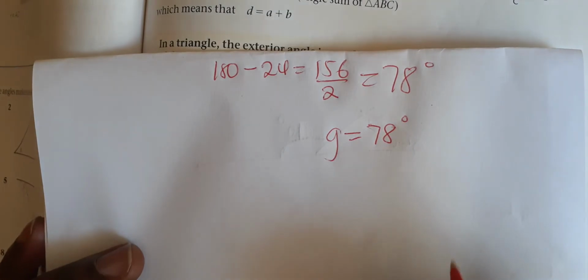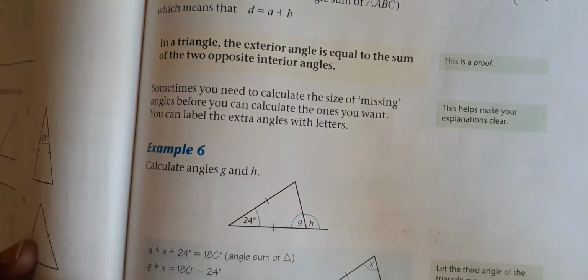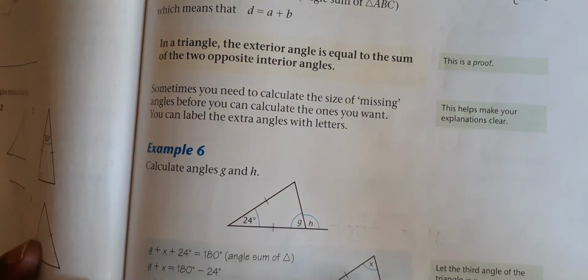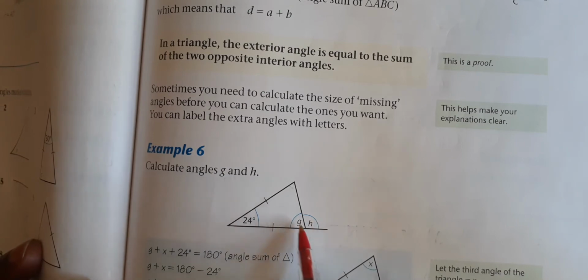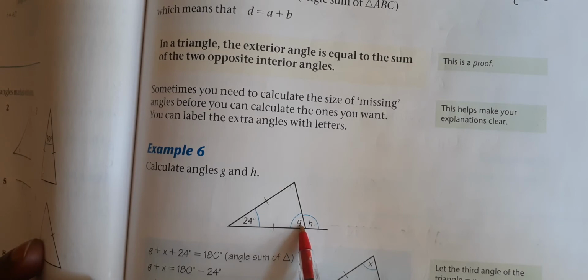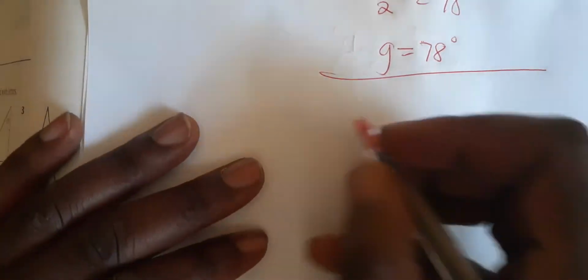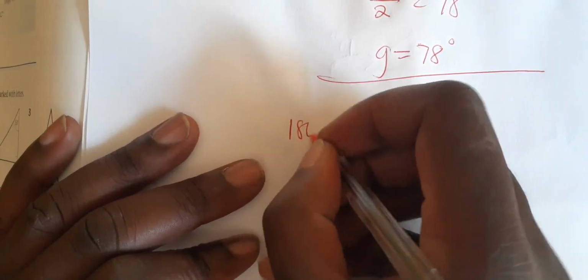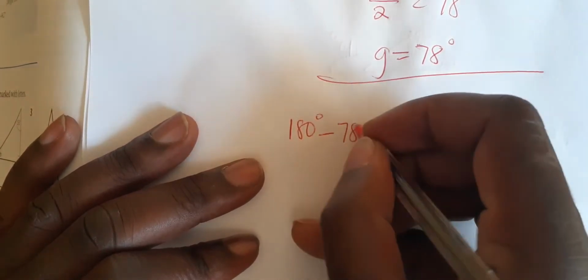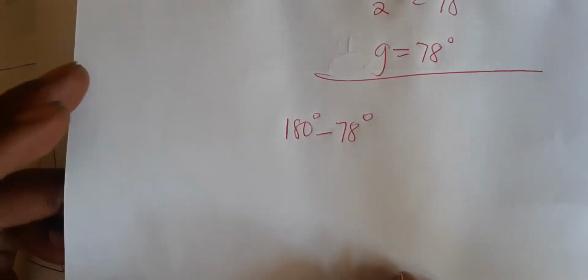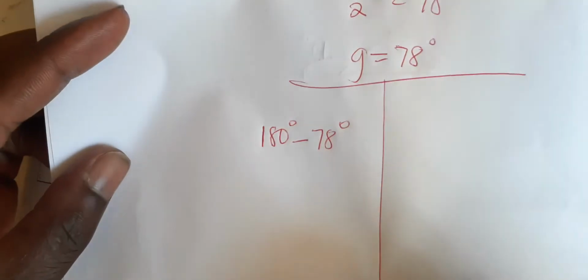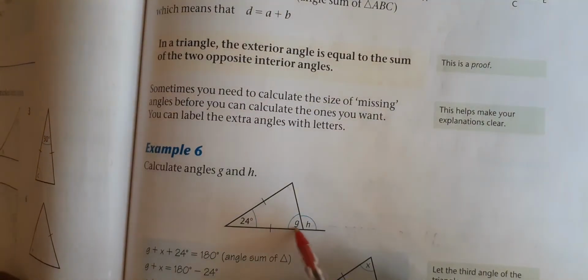I hope you are following me. Then, if we want to find H, there are two ways. Since we know what G is, we can just subtract G from 180. Okay? So I'm saying the first one can be 180 minus 78, because they are angles on a straight line.